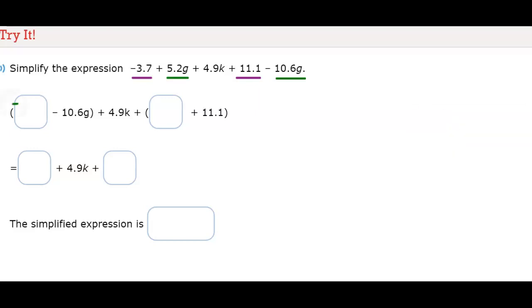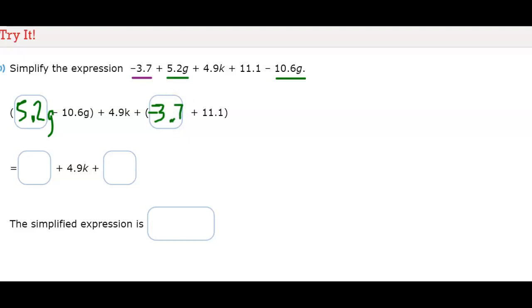So we have the 5 2/10 G minus the -10 6/10 G plus 4 9/10 K plus, this is where -3 7/10 goes. Then we're going to combine them.